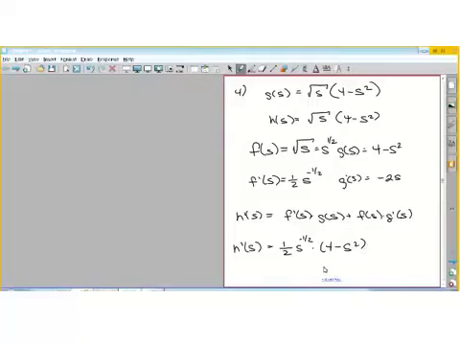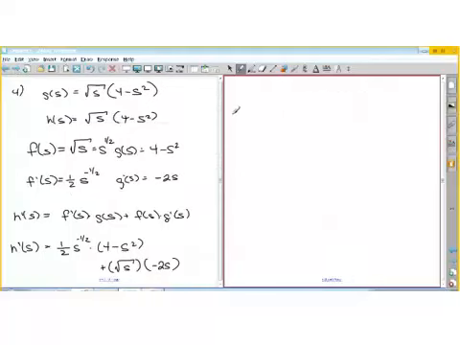So that's the first part. The second part is f of s, which is, I'll just put the square root of s, square root of s times that, which is negative 2s.